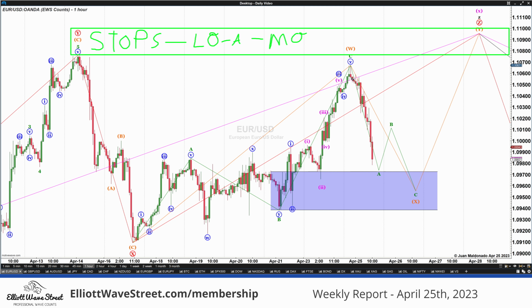The euro departed this week to the upside, almost to that area, but finally rejected. And here's where we are. So the plan, traders, is having the euro moving inside our Elliott Wave block area.